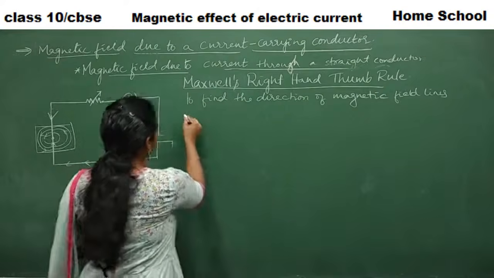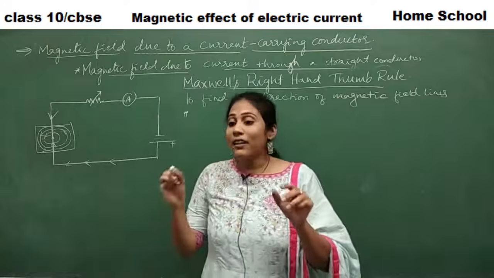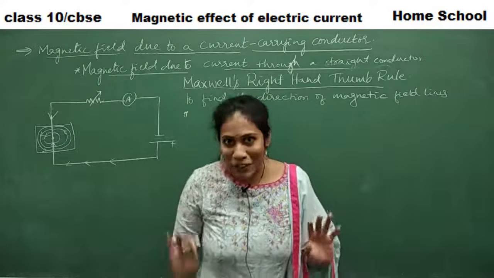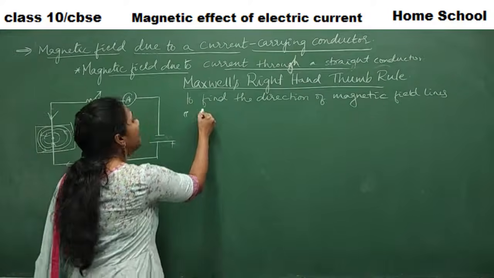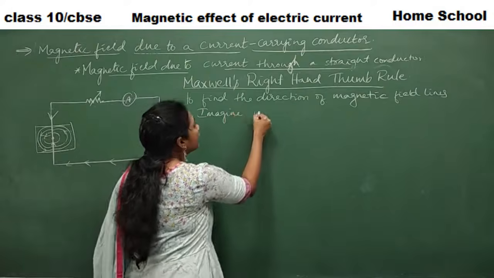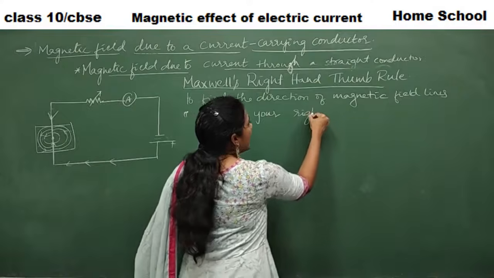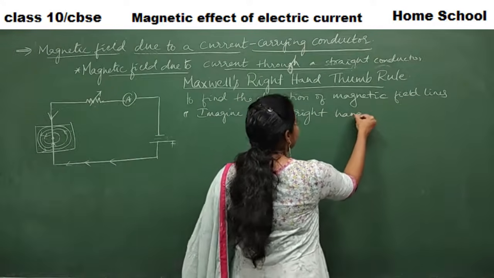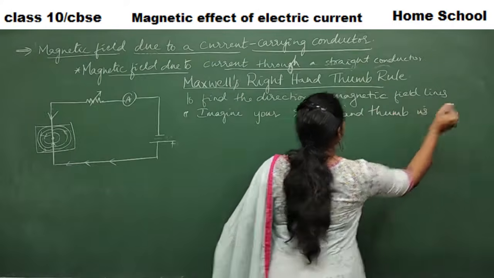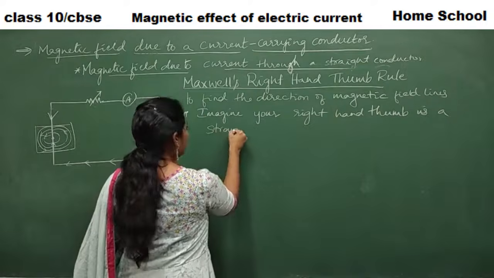First, let us see the definition. The definition is also very important for the board examination. It's very interesting. Observe carefully, it is very easy to remember also. Imagine your right hand thumb is a straight conducting wire, a straight conductor.